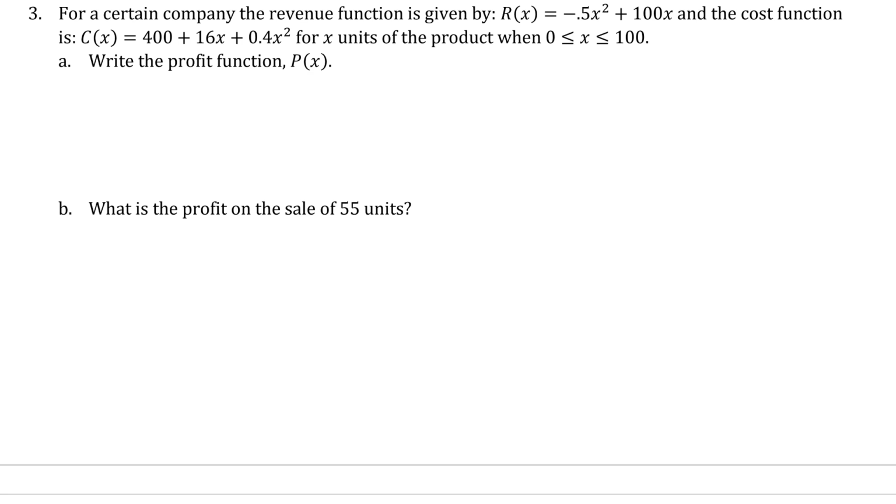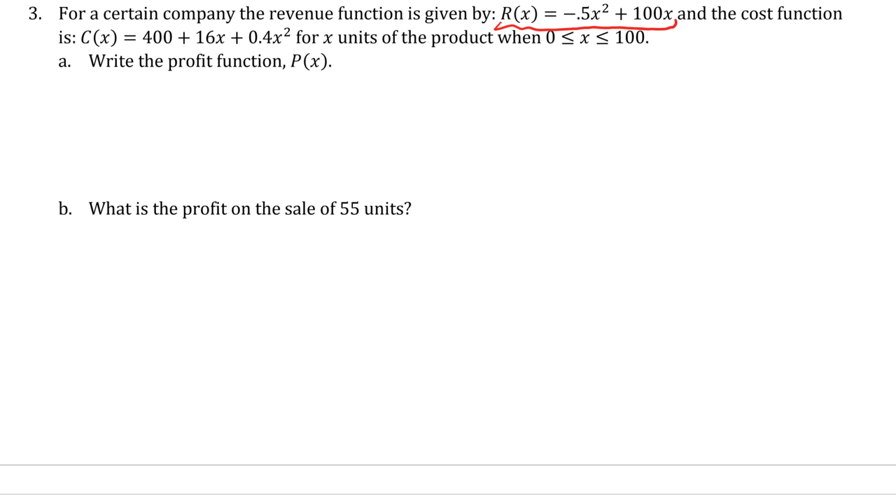All right, so first off, the revenue function, that just means for x number of units that you produced, this is your revenue that comes in. So if you plug in, say you make 10 units, if you plugged in 10, it would tell you how much money you're going to make from 10 units.